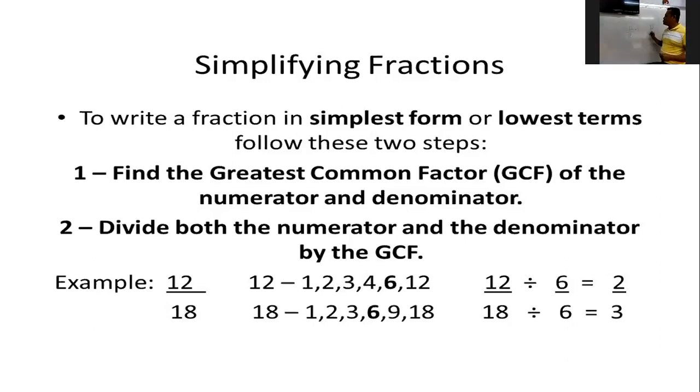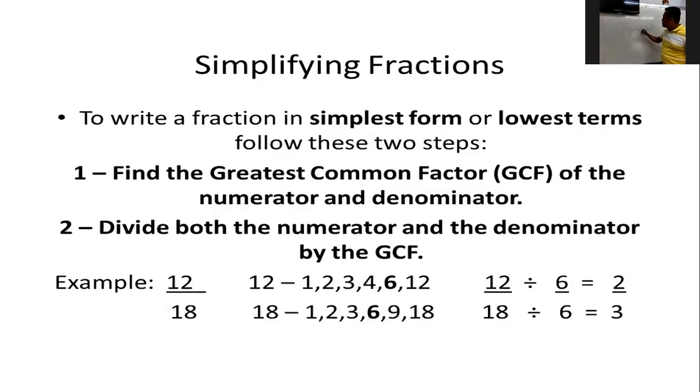So 1 and 12 are factors of 12 because if you multiply both of them, it gives you a product of 12. How about another one? What multiplies with 2 to give you 12? Yes, correct, 6. So 2 times 6 equals 12.